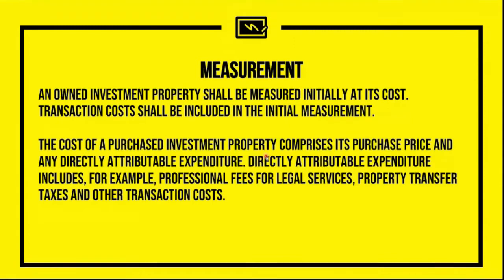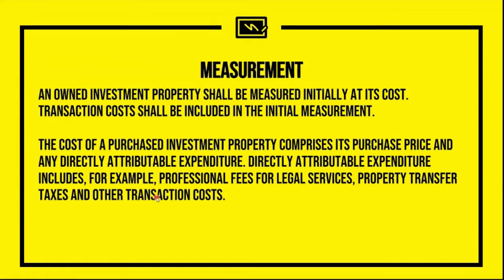investment property, okay, so when you talk about purchased investment property, comprises the purchase price and any directly attributable expenditure. Directly attributable expenditure could involve professional fees or legal fees, transfer taxes, and other transaction costs such as import duties or whatever. But of course, it is impossible for you to have import duties because land or building cannot be imported.